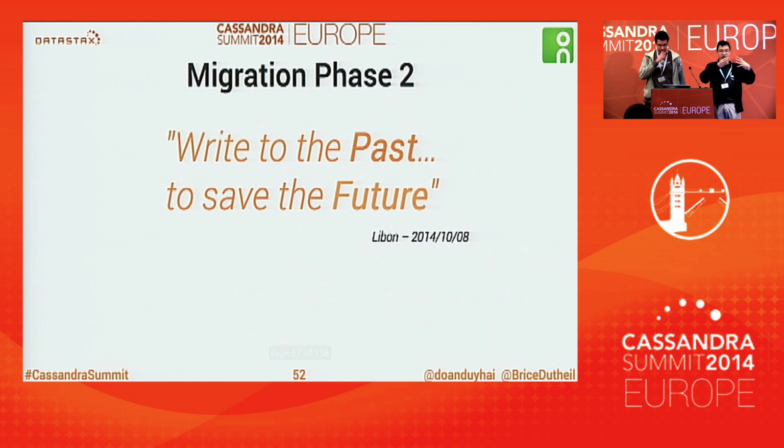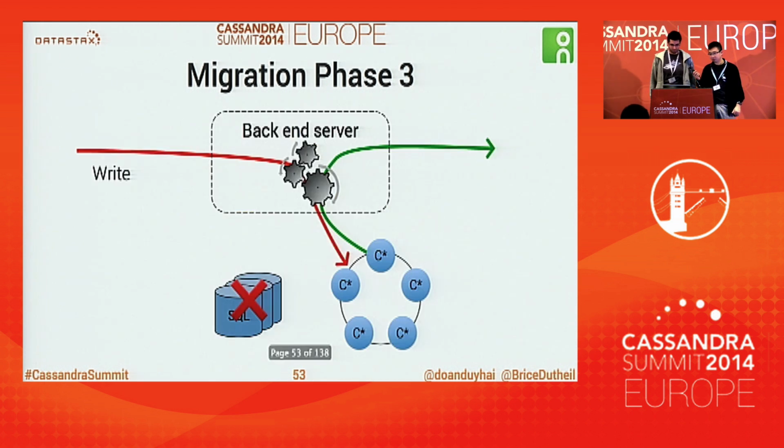The idea of writing to the past is that we want to give higher priority to live production updates. With this strategy, we don't care about any concurrent update issue because we rely on last write wins from Cassandra. And of course, for the last phase of the migration, we are just deprecating the SQL code and switching completely to Cassandra.